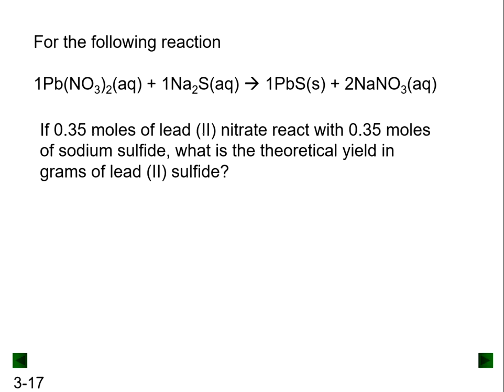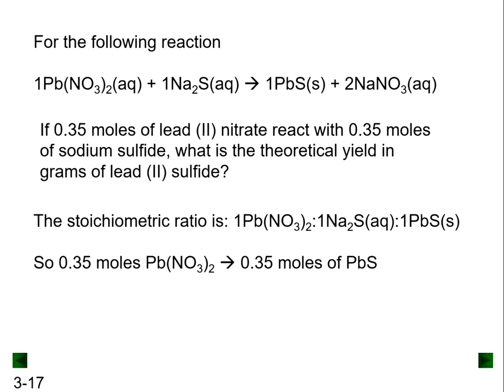We can do it in moles quite easily. In fact, it's a trivial answer. It should come out to 0.35 if you're paying attention. But let's do this in grams. So we need to know that the stoichiometric ratio in this process is 1 to 1 to 1.